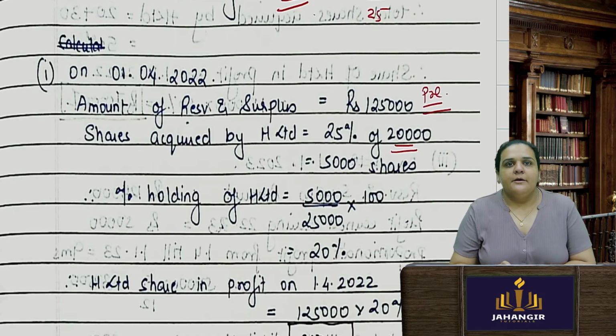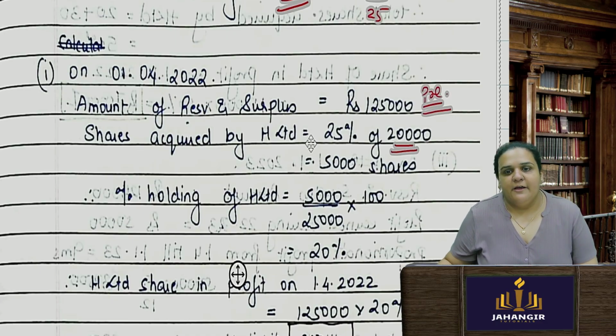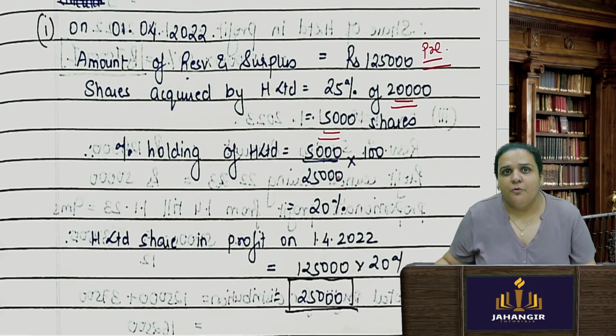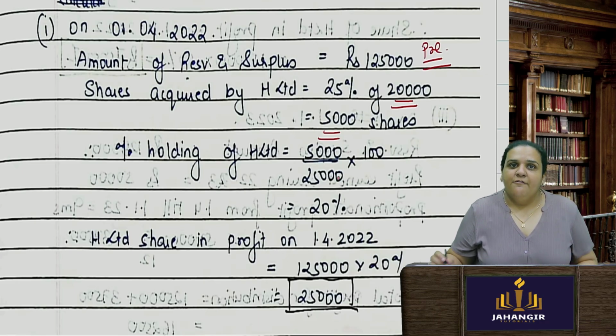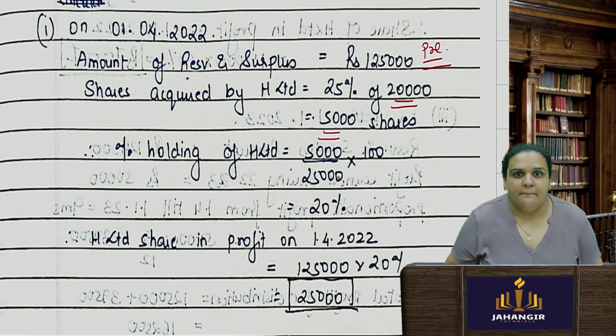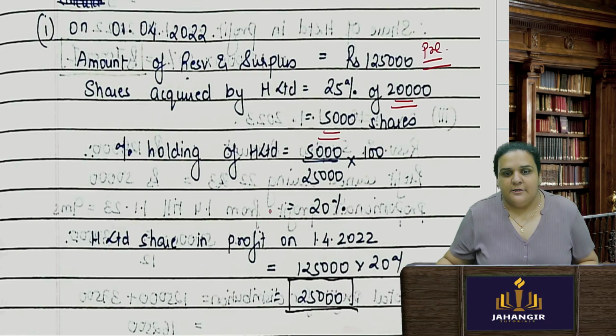What is the number of shares acquired? I told you 25% of 20,000 will be 5,000 shares. So how much percentage of holding out of that 80 do they have as on 1st April now? Holding company will have how much percentage of holding? 5,000 shares out of total number of shares of S Limited. That is 20% of holding now.